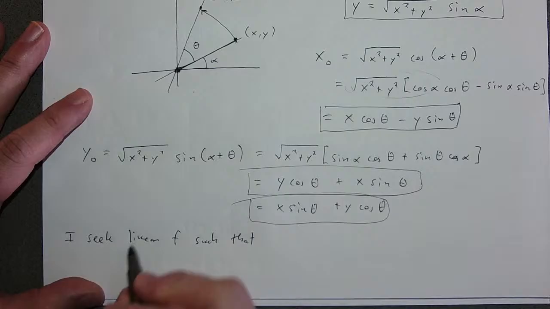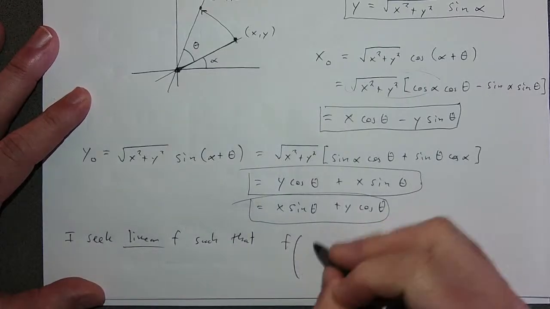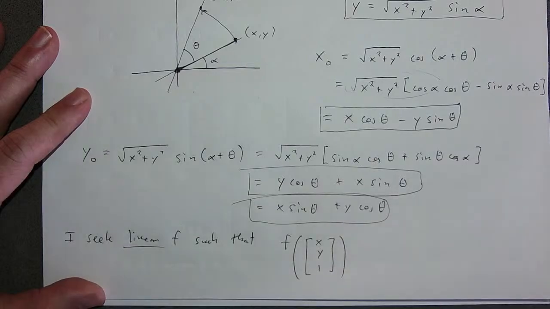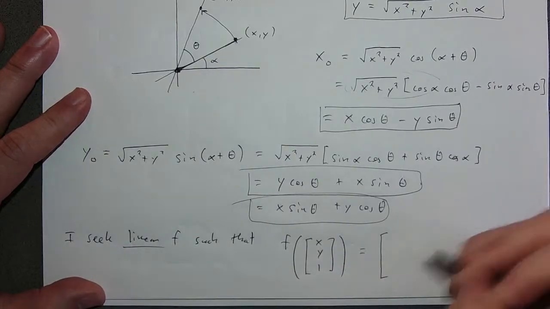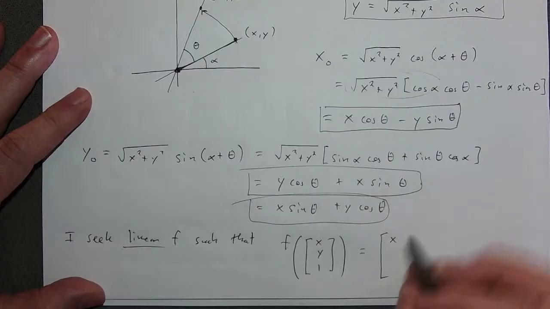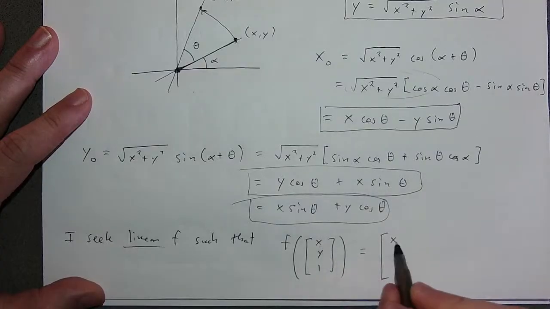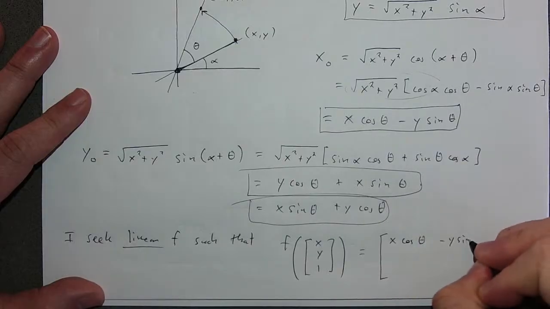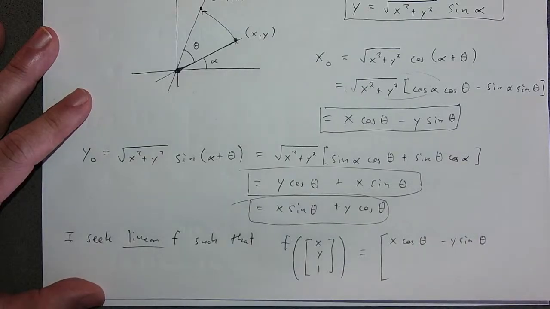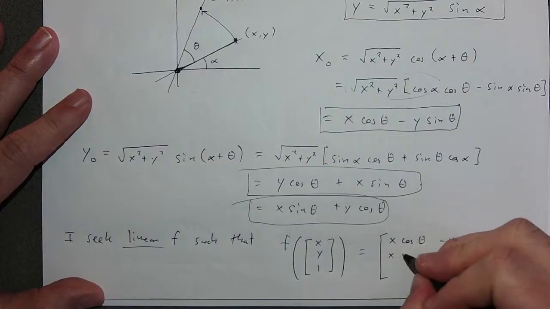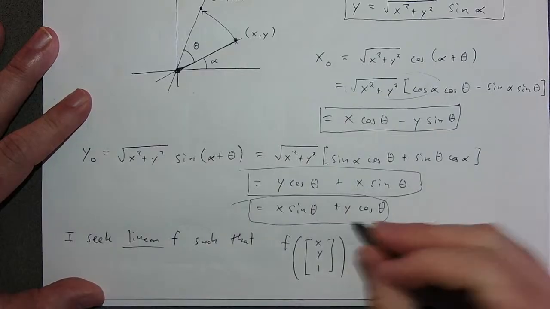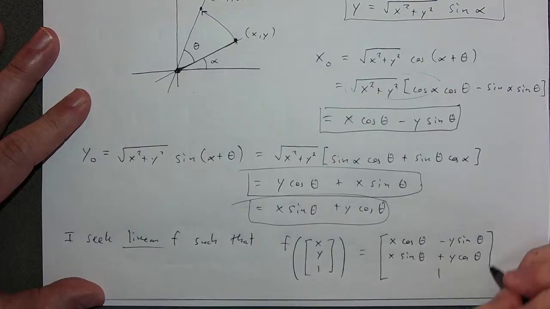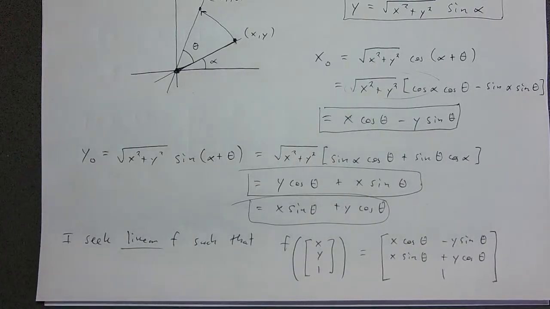So we're seeking a linear f such that f of this vector xy1 is, in fact, its x component goes to x cosine theta minus y sine theta. Its y goes to x sine theta plus y cosine theta. And this last entry is this placeholder here.